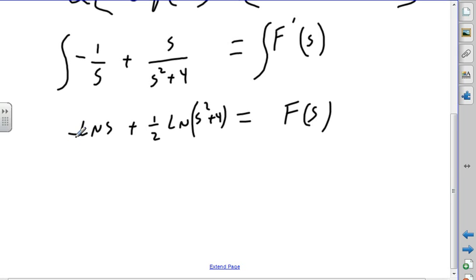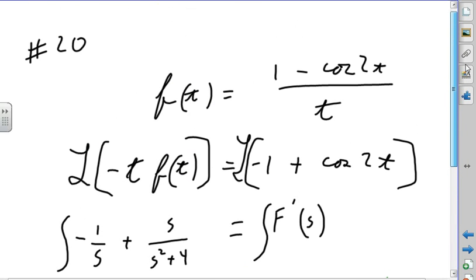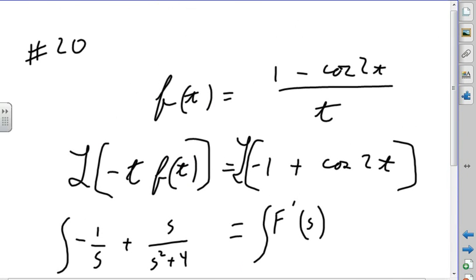Number 20. 1/2 natural log s squared plus 4 minus natural log s. And I would have had it wrong, but Andrew saved me and told me to put the minus sign there. Okay. All right, so that means that we got number 20 right.